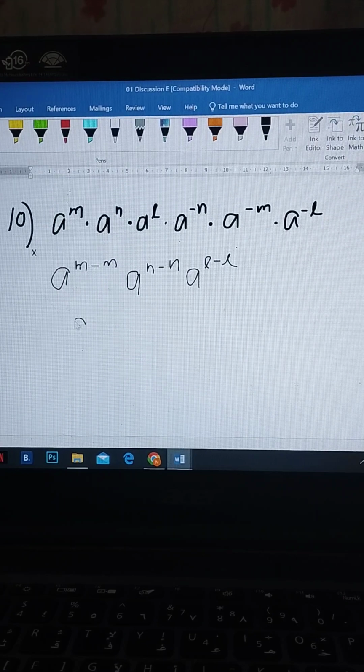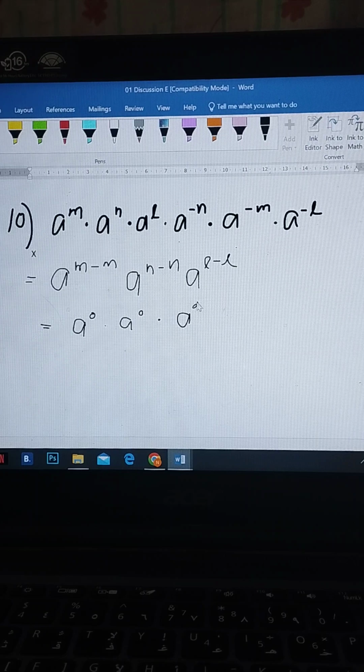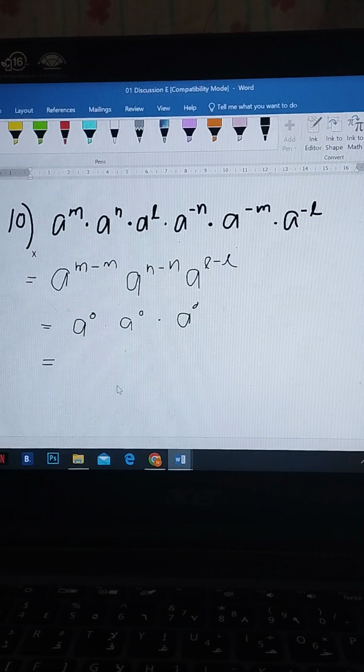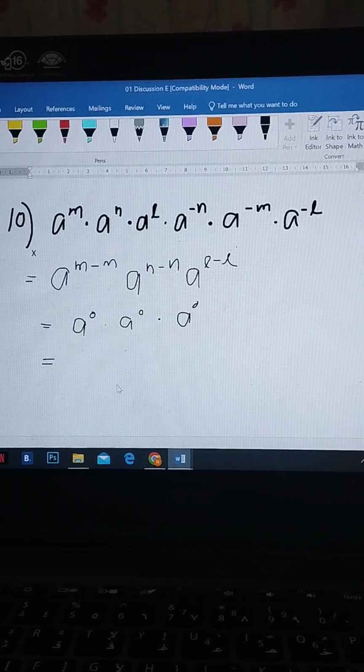Okay, a raised to 0, m minus m is 0, times a raised to 0 times a raised to 0, resulting to the definition of zero exponent, that if the exponent of any expression is 0, then that is equal to 1. So 1 times 1 times 1 equal to 1.